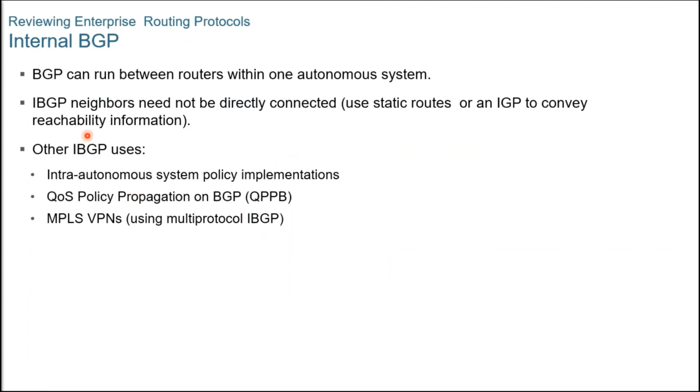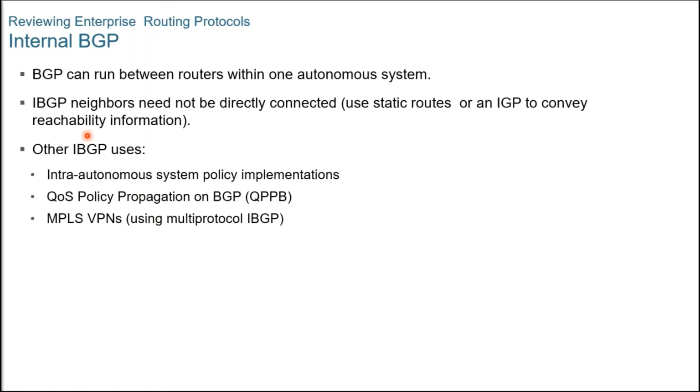Internal BGP. When BGP is running between routers within one AS, it is called internal BGP, or IBGP. IBGP is run within an AS to exchange BGP information so that all internal BGP speakers have the same BGP routing information about outside autonomous systems, and so that information can be passed to other autonomous systems.